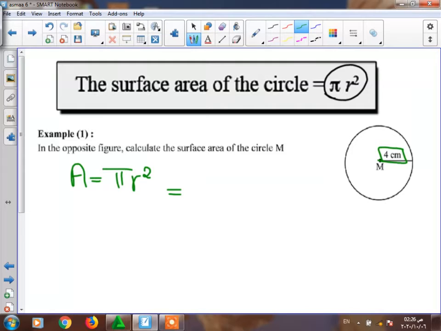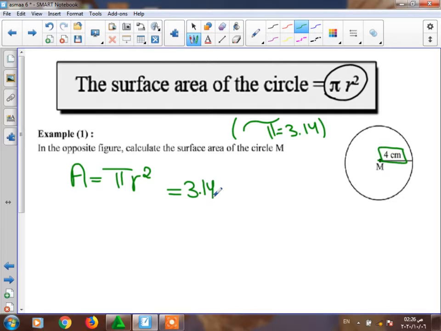Consider that pi equals 3.14. If they give you that pi equals 22/7, write 22/7. If they give you that pi equals 3.14, write 3.14.